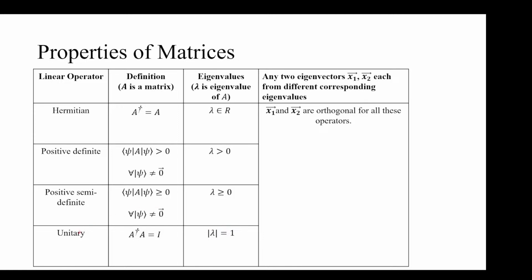Another set of matrices that are very important are the unitary matrices. These are matrices with A dagger A equal to identity. If you write A in eigenvalue decomposition, it will give you that all the eigenvalues of A have magnitude 1.